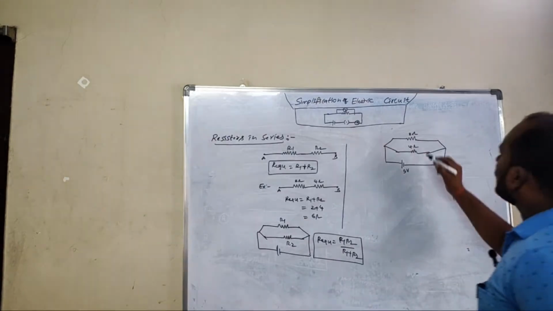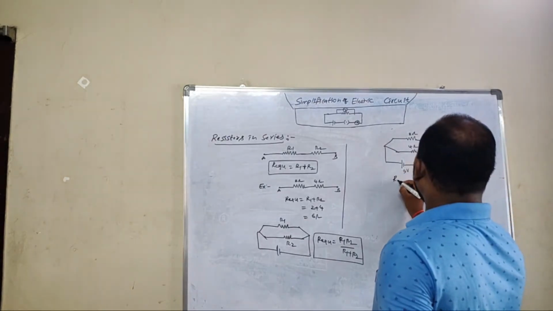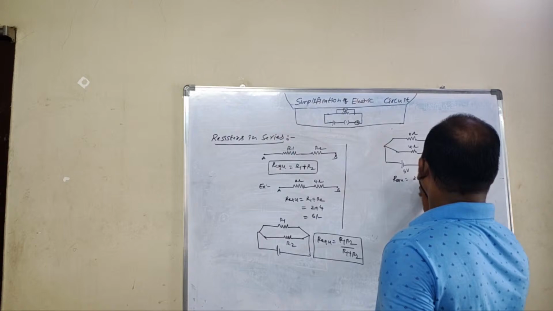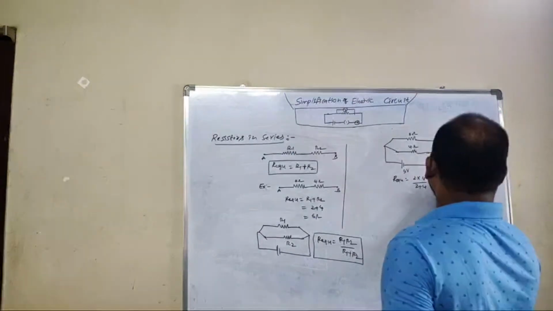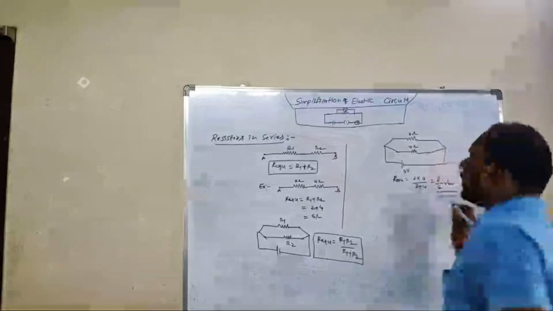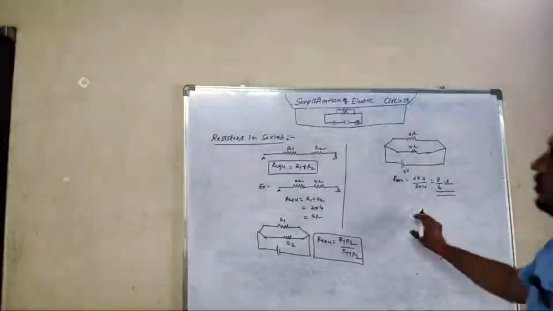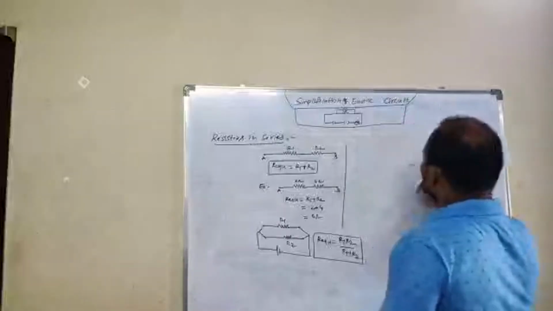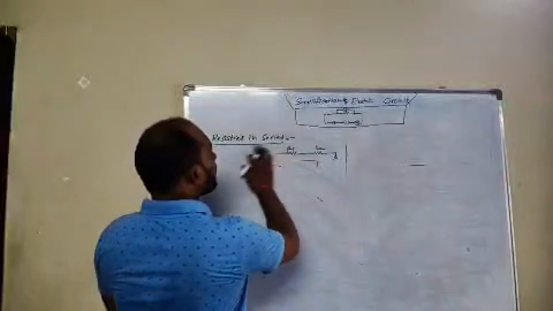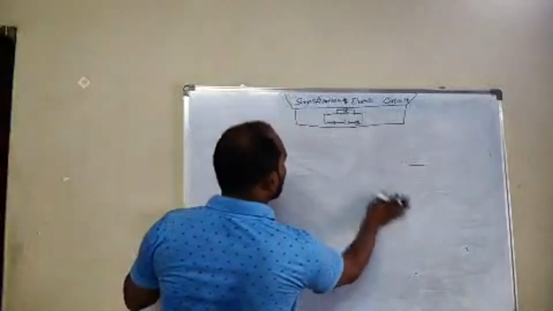Now with the direct formula, R equivalent is equal to 2 into 4 by 6, so 2 into 4 means 8, 8 by 6 ohms. This is the value you get for resistance in parallel. This knowledge is for simplification of electric circuits, and Kirchhoff's laws knowledge is also required.